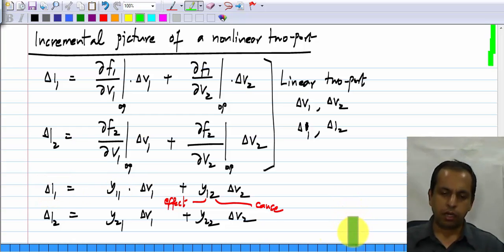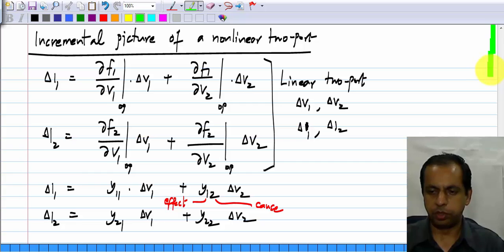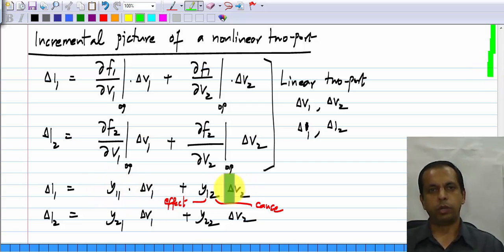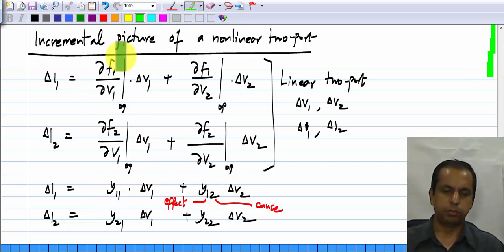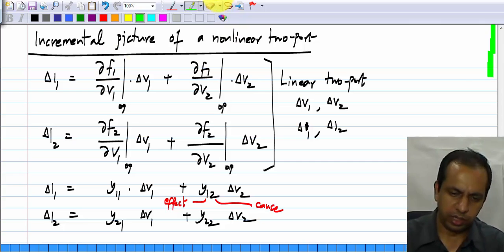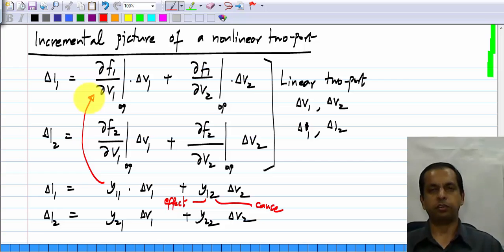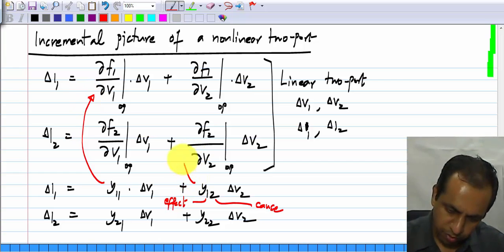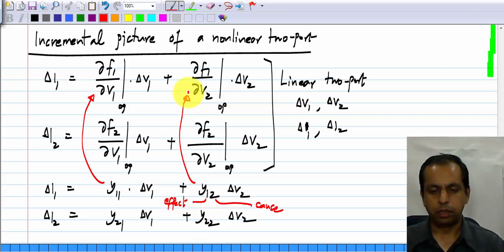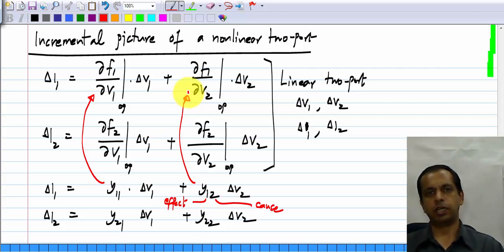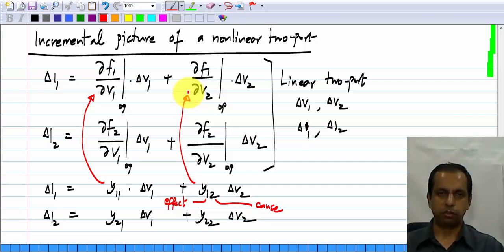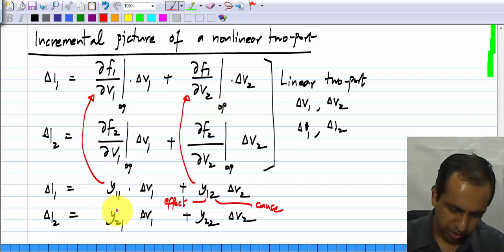And clearly you can see the correspondence between these Y parameters and these partial derivatives. So, Y11 clearly is the partial derivative of F1 with respect to V1 at the operating point, and similarly Y12 is the partial derivative of F1 with respect to V2, and similarly for these two as well.